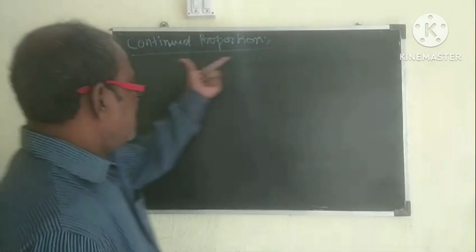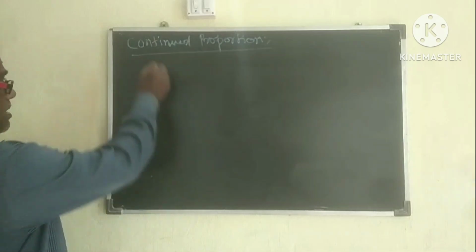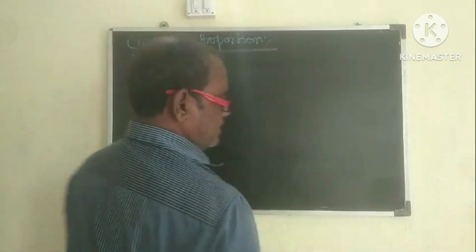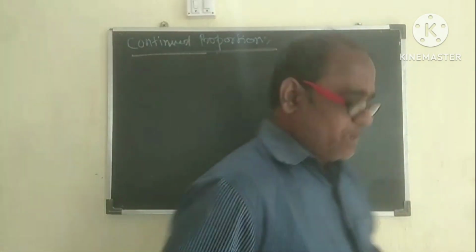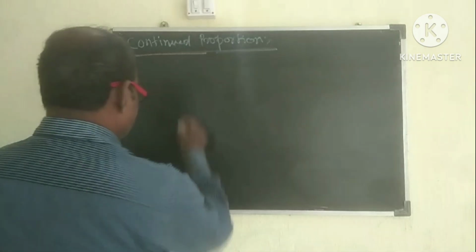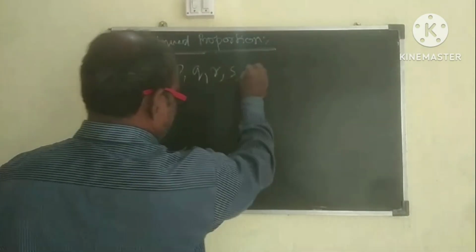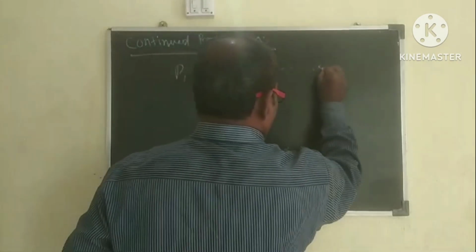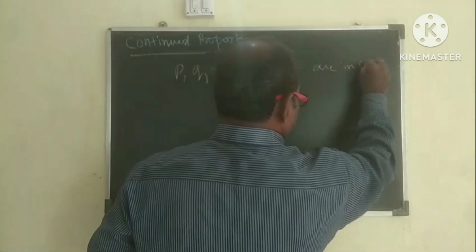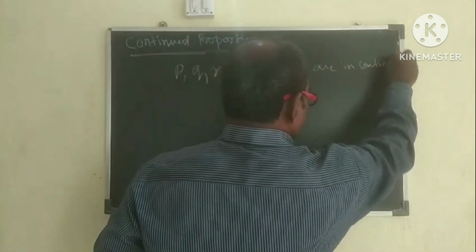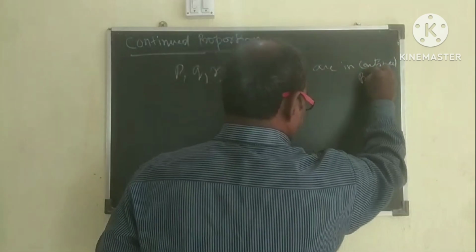So one more term, and it is a very important term, that is continued proportion. So what is continued proportion? Let us say that suppose P, Q, R, S, T and so on are in continued proportion.